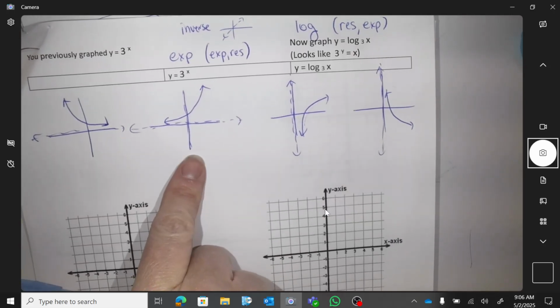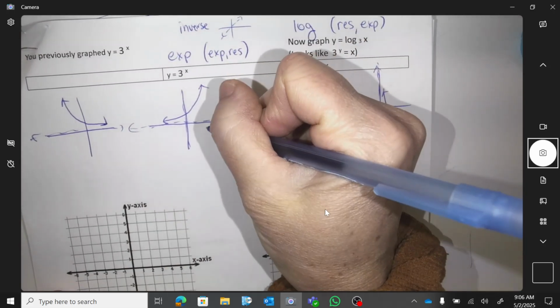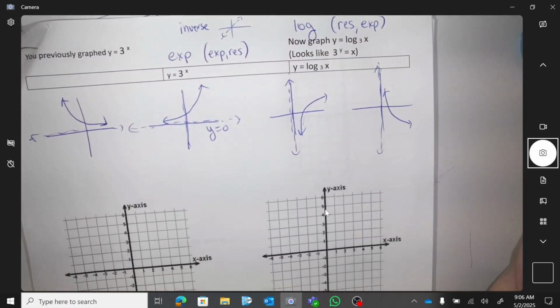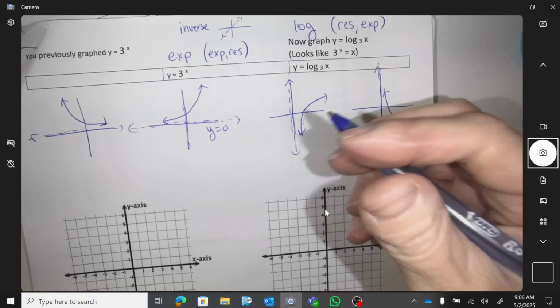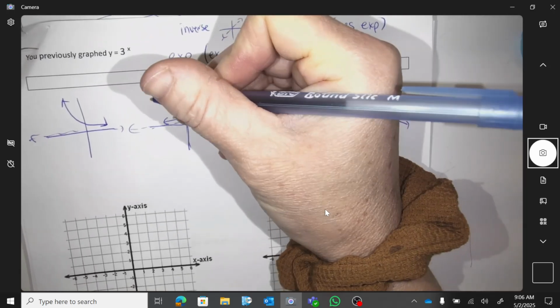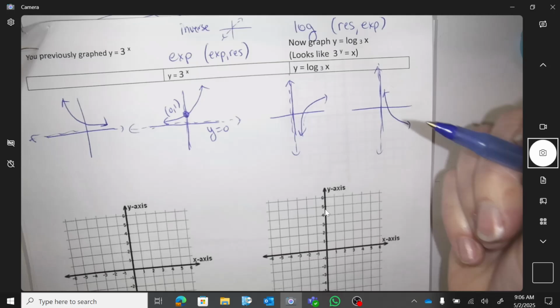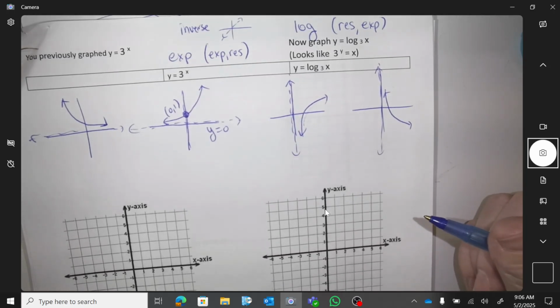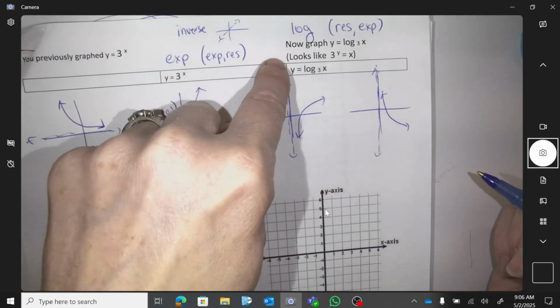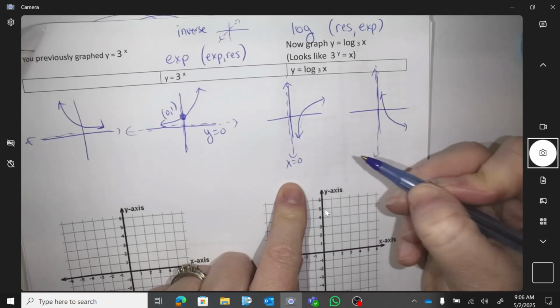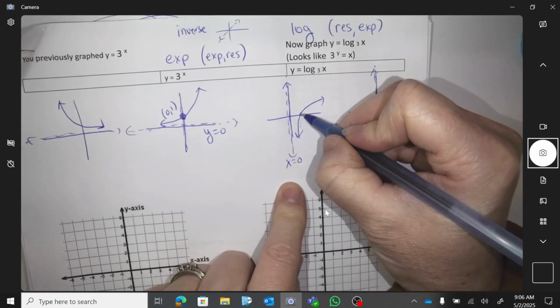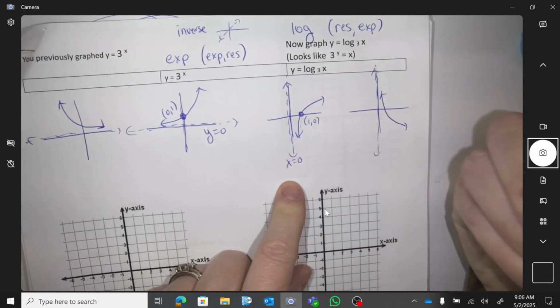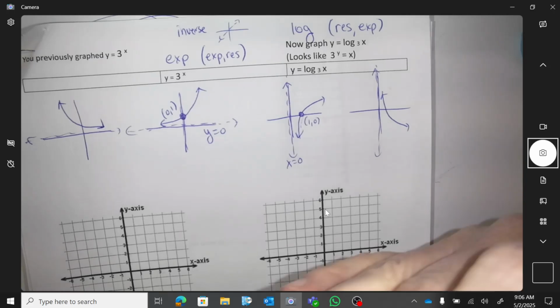So exponentials have a horizontal asymptote. They have a y-intercept. Logs will have a vertical asymptote, and they should have an x-intercept instead of a y-intercept, right?